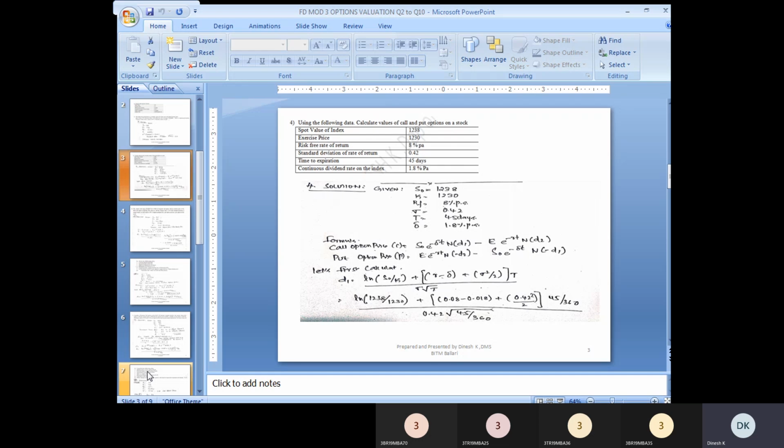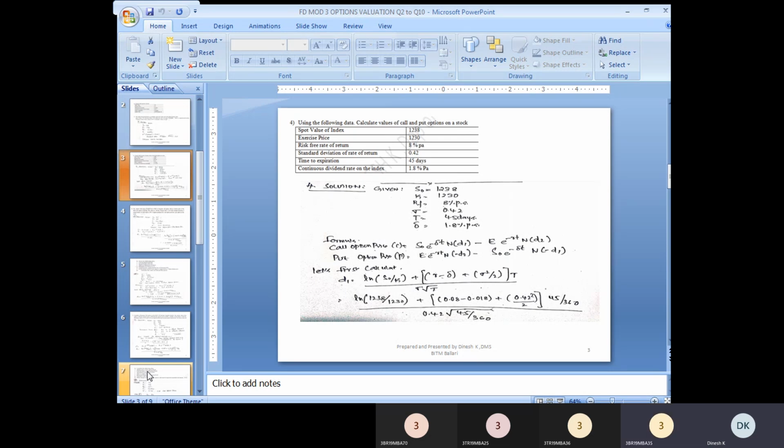Then multiplied by the N(d1) value, 0.5753, minus the exercise price, given as 1230, multiplied by exponential to the power of minus rT, minus 0.08 multiplied by 45 divided by 360, multiplied by 0.5160. So substituting all this, you will get the price of a call option.